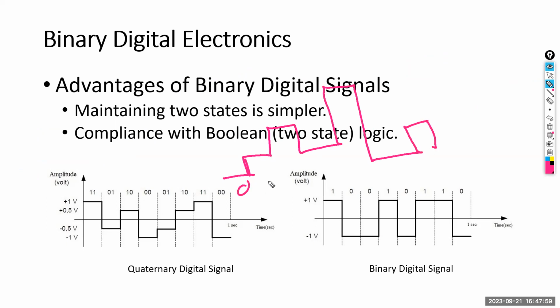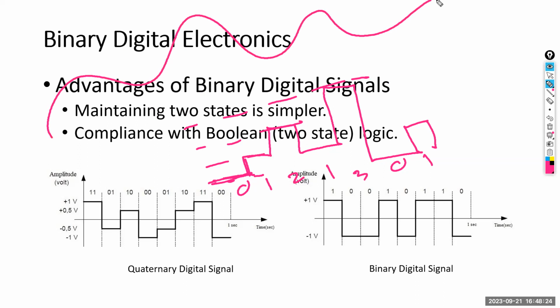Say this is 0, this is 1, this is 2, again this is 1, this is maybe 3, again 0, this is 1. So now you can see different levels, right? And this is not a binary digital signal. It's a digital signal, but not a binary digital signal. Maybe it is base 4, right? But if it is something like this, it's definitely not a digital signal, it's an analog signal.